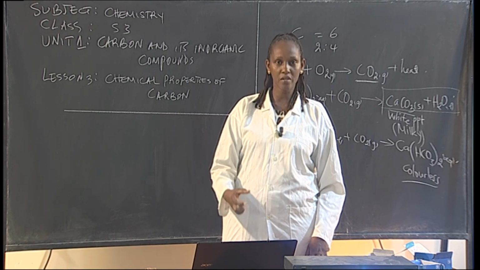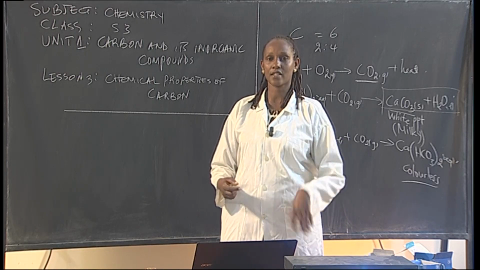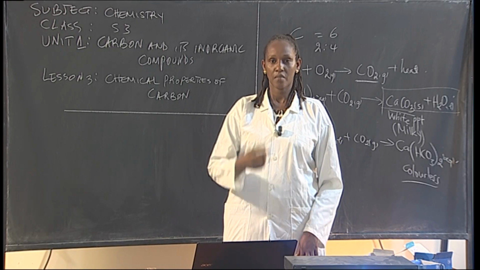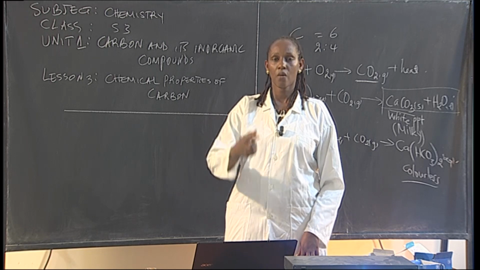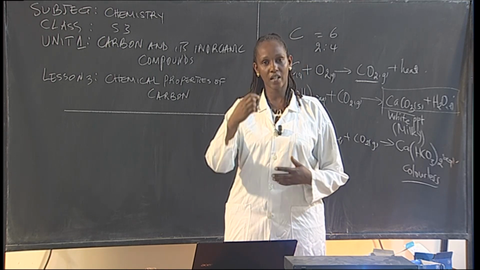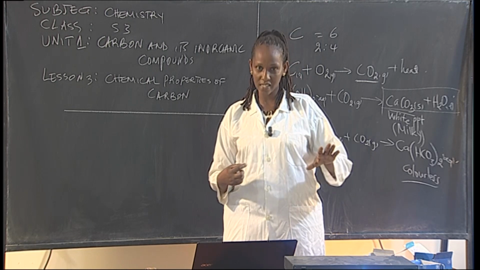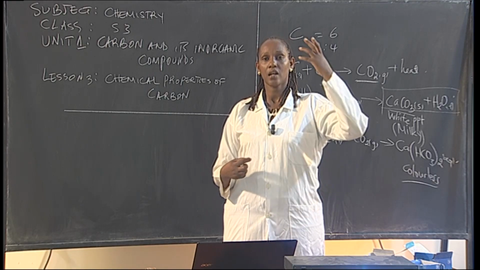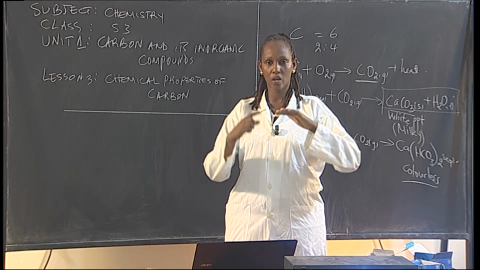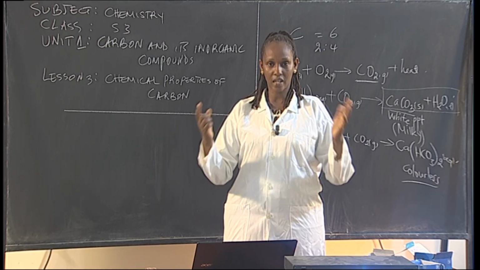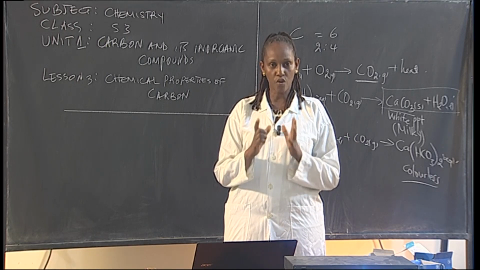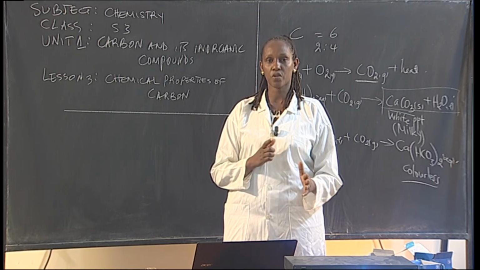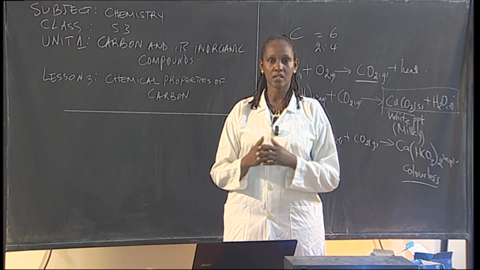And we confirm there a milky state. So the calcium hydroxide, which was colorless, becomes a white precipitate or a kind of milky color. And there you confirm that the gas that was produced is carbon dioxide.